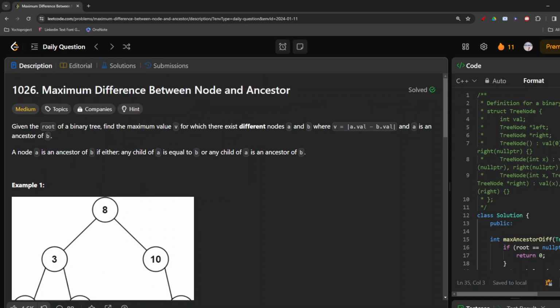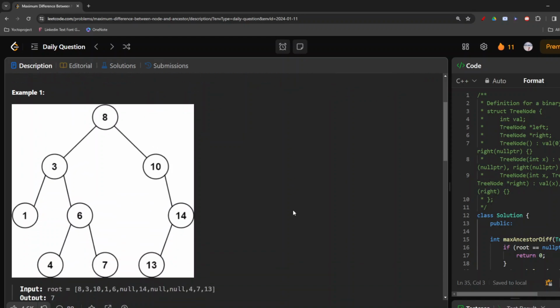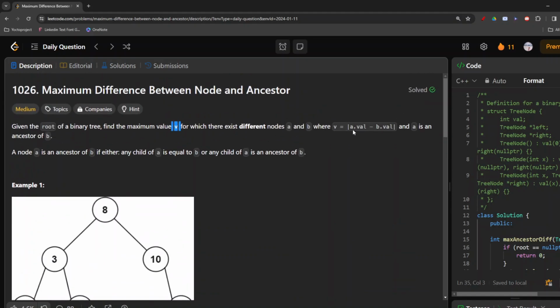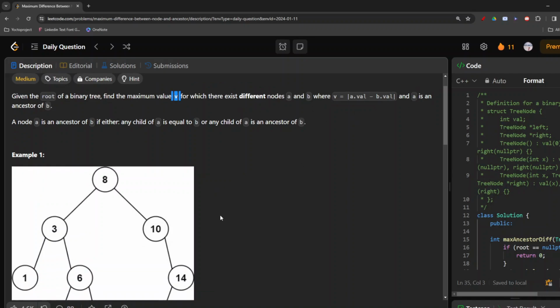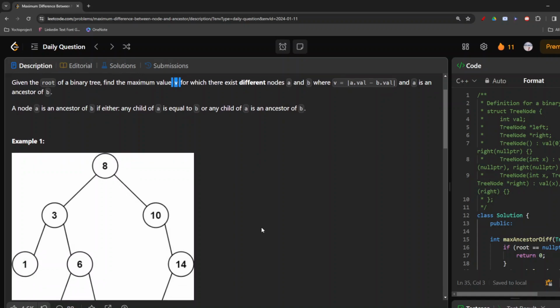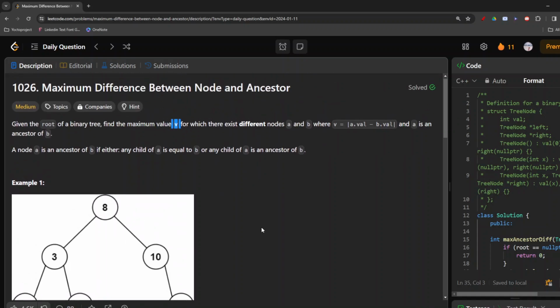But now the point is that this v value, which is there with two different nodes a and b, we can figure out with any of the nodes which are there, because here they are showing us a.val minus b.val, and the absolute of that, right? So in that context, if we take any two nodes, the point should be that the difference should be the maximum value.